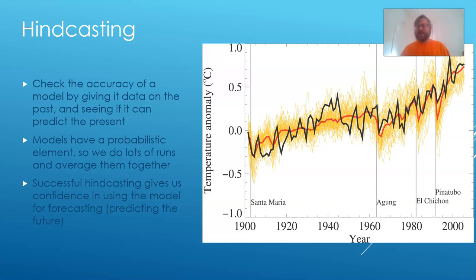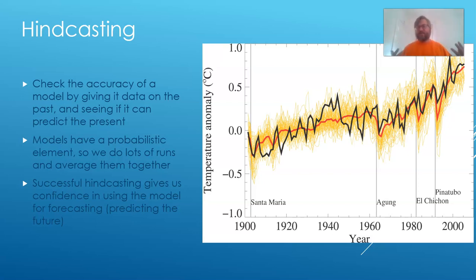And this particular image I like because it highlights one of the ways that knowing the actual things that happened feeds into these models. So you've got those 4 names on there: Santa Maria, Agung, El Chichon, and Pinatubo. Those are notable volcanic eruptions. And volcanic eruptions have a short-term cooling effect on the Earth because all of the material that blasts out of a big volcanic eruption goes into the atmosphere and increases the Earth's albedo.